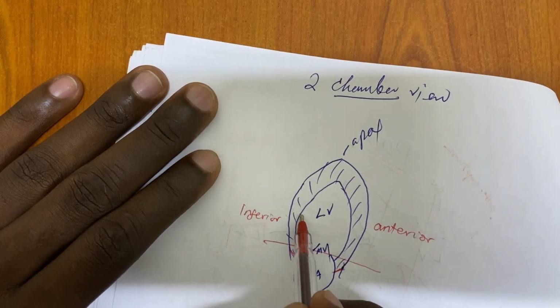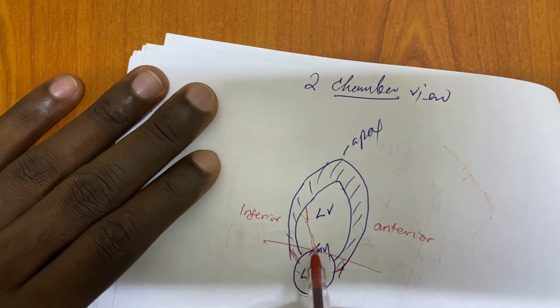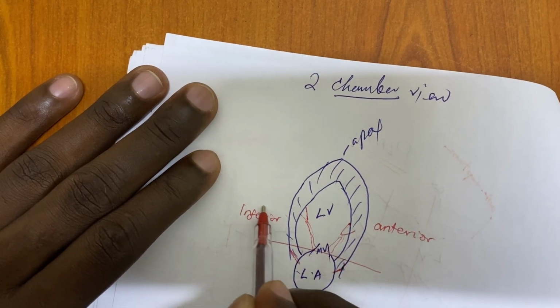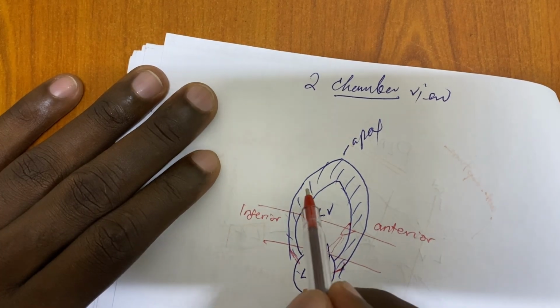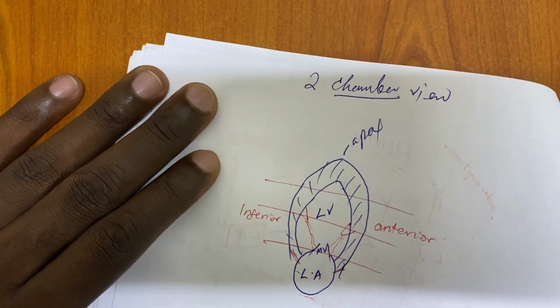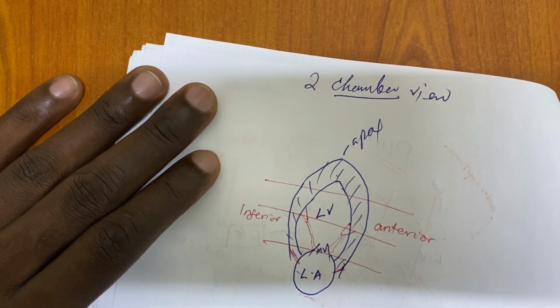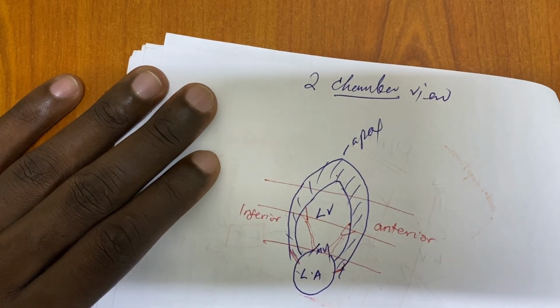That is a base. Apex. And the real apex now, the 17th segment. We need apical two chamber. We are seeing the real apex. Even in four chamber the real apex is seen, and in two chamber the real apex is seen.